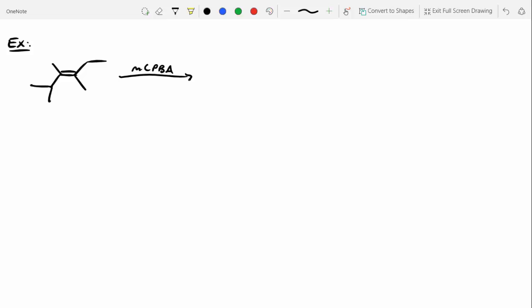With the correct stereochemistry, too. I'll give you guys a hint to get you started. We're going to make an epoxide. Pretty helpful, huh? And we're going to make 2 epoxides. 2 different epoxides.